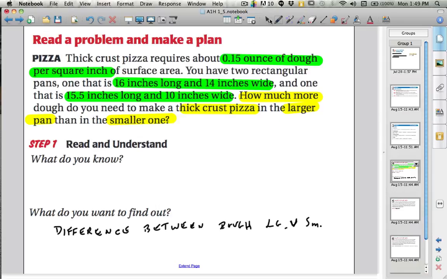So that's the stuff that I need to know. I know the size of the pans, and I know how much dough per square inch. That sounds like all the information that I really am likely to need.